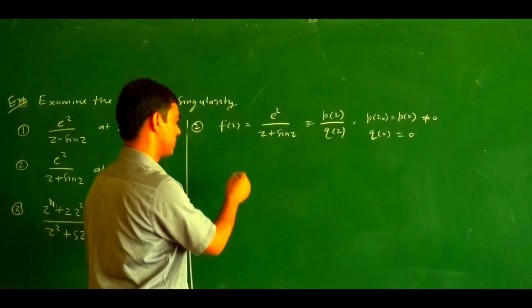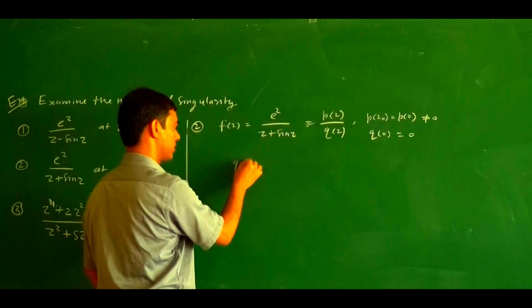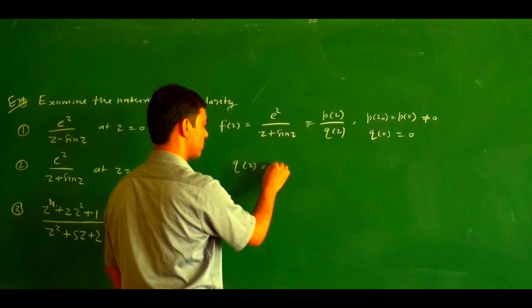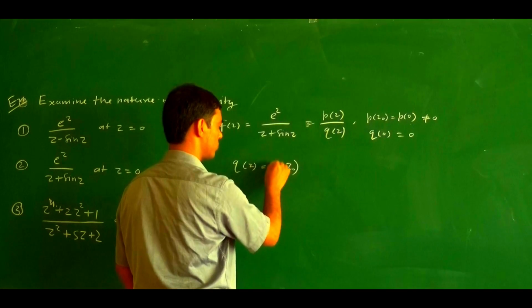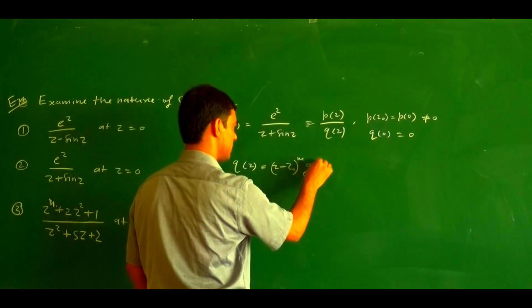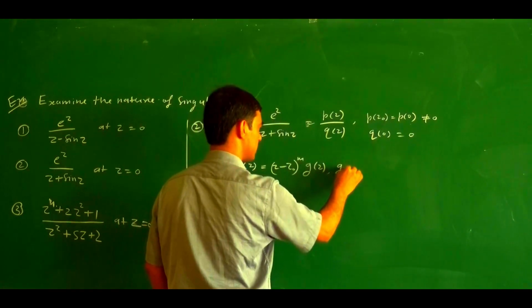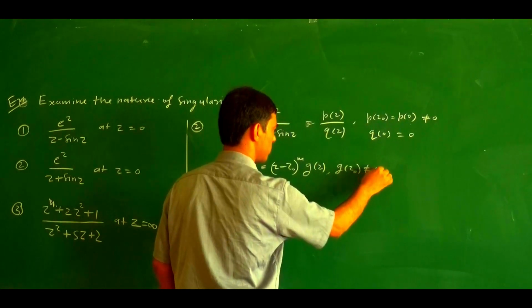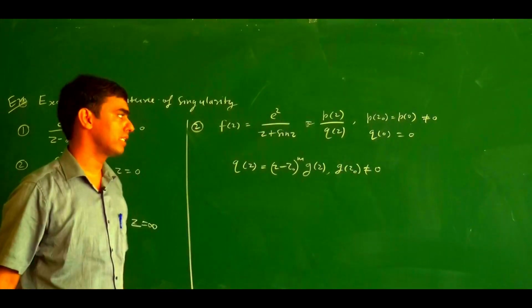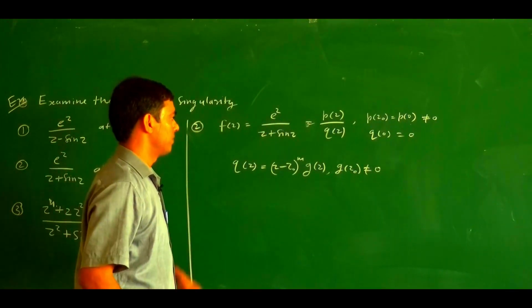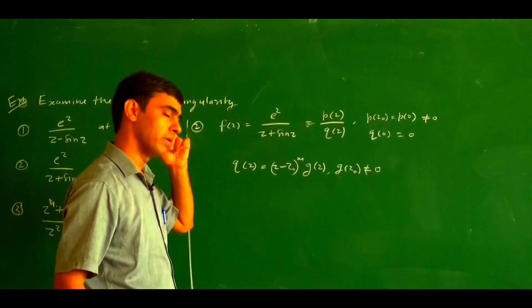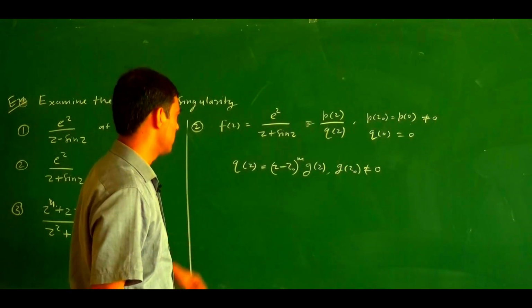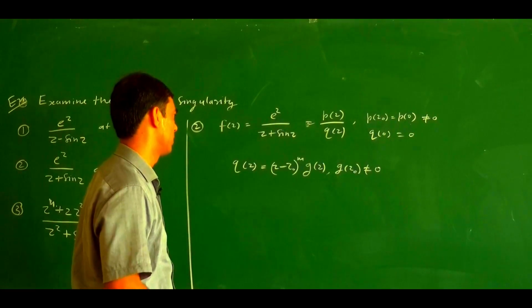Now we write Q(z) in the form of (z minus z0) to the power m times G(z), provided G(z0) does not equal 0. We try to write in this form. This one has a pole.